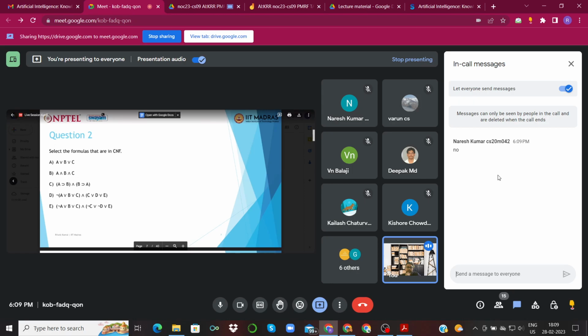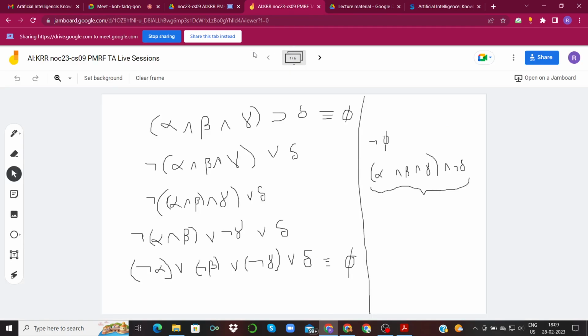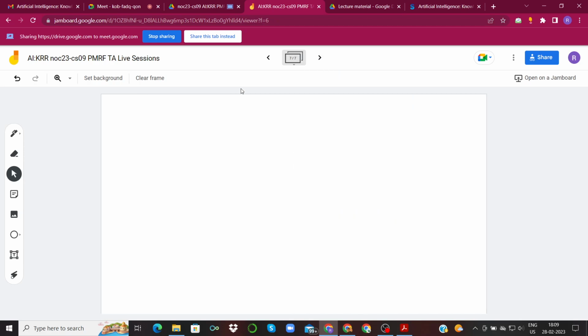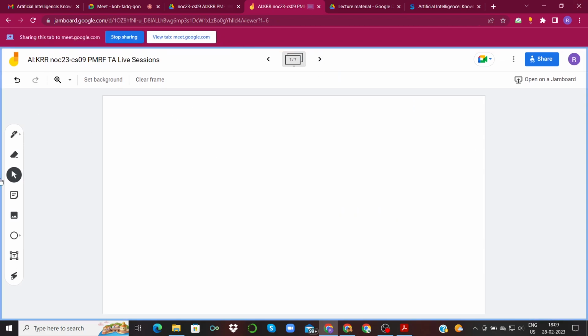So a CNF is a conjunction of several disjunctions, right? What if we consider A or B or C as one disjunction? So basically what I'm trying to say is, okay, so we know that a CNF is of the form C1 and C2 and so on and so forth up to Cn.